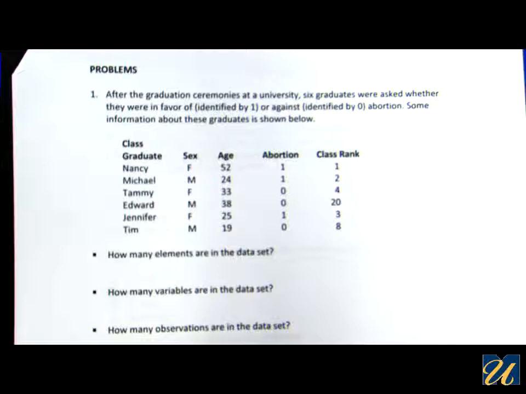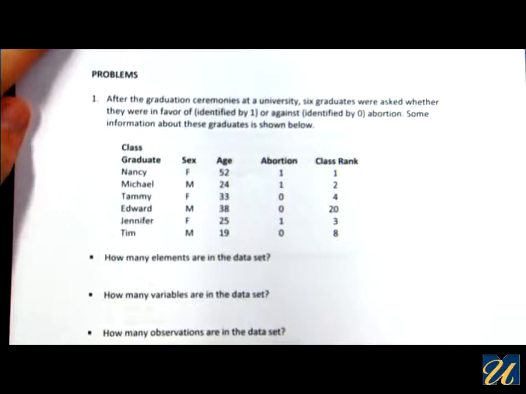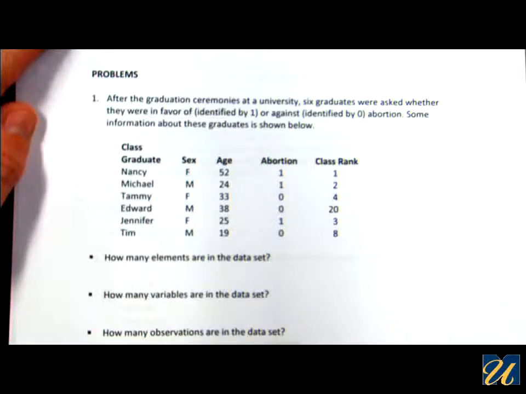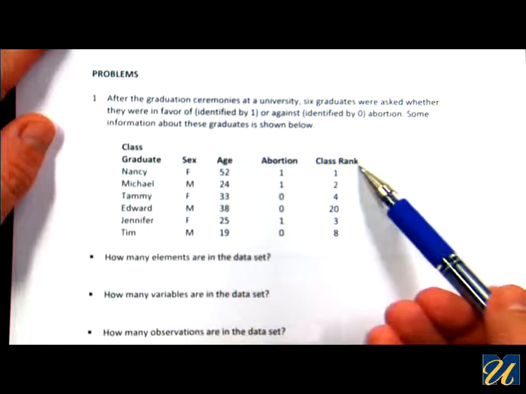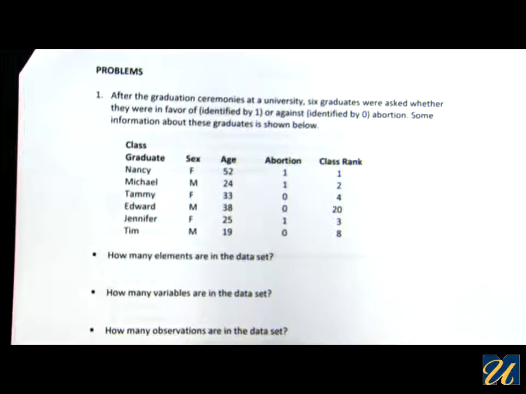So let's take a look at this example. After the graduation ceremonies at a university, 6 graduates were asked whether they were in favor of, identified by 1, or against, identified by 0, abortion. Some information about these graduates is shown below. So you have the different names, you have the different type of information that we have collected.